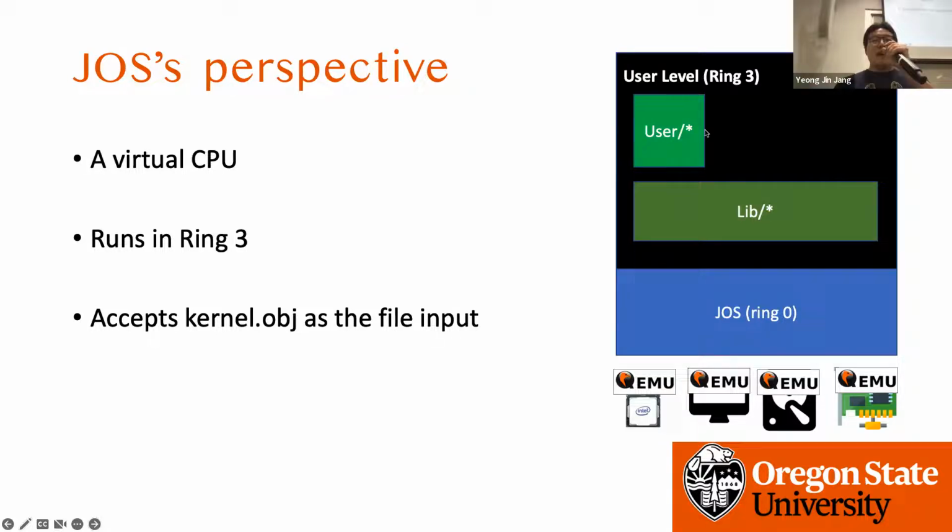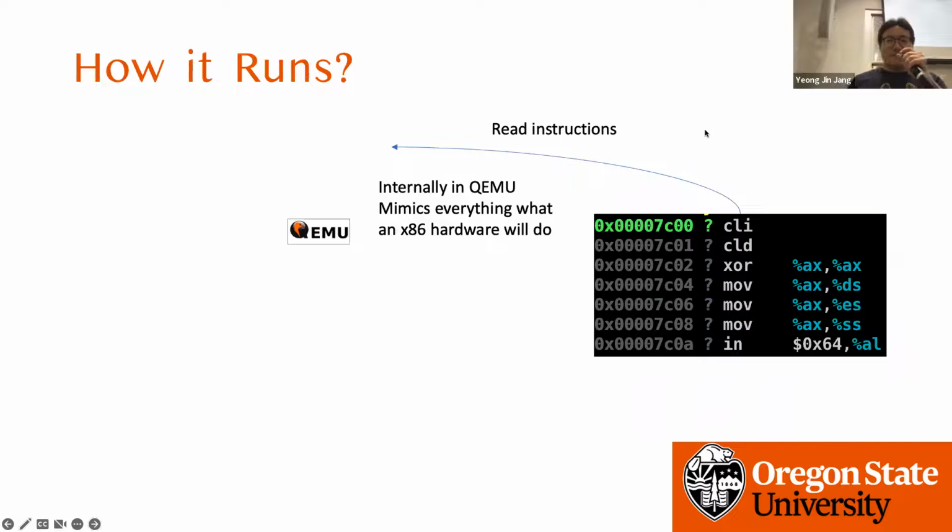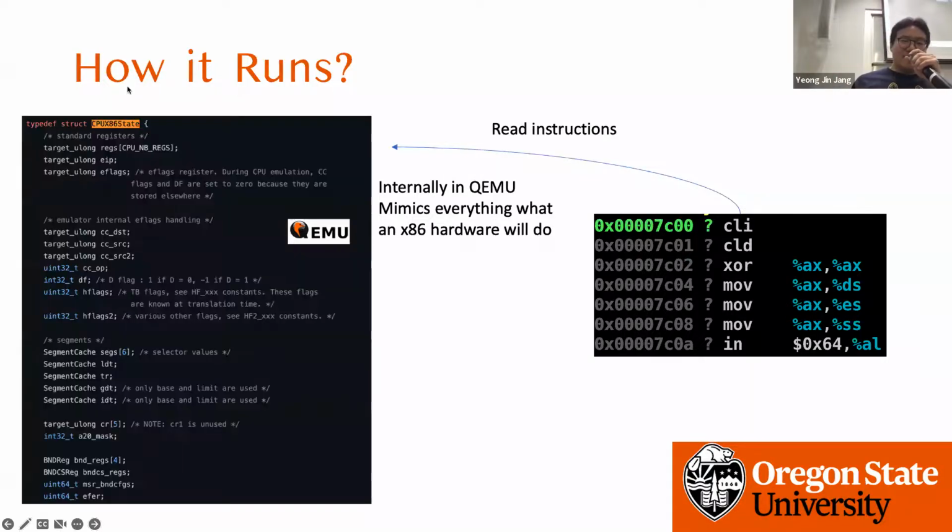And then how it runs is very simple. If we give the program to QEMU and just run it, it will start from 7C00 and keep following that, right? At the bootloader. And whenever there's an instruction, say CLI, then in our virtual CPU, QEMU just sets interrupts to disabled, something like that.